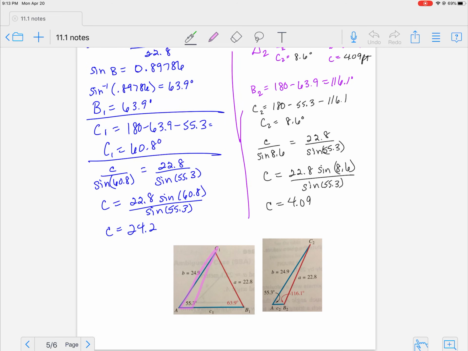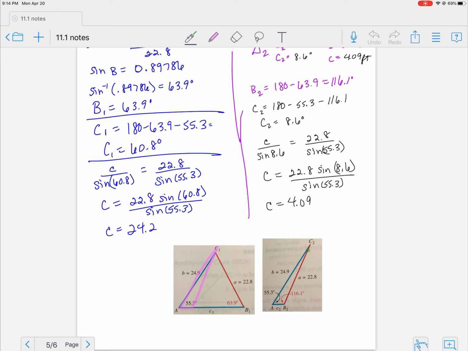Here is what they look like. You've got this tiny little triangle right here. That is actually this one. So your side of 22.8, all right? You can have a side of 22.8 that has these angle measurements that you're talking about.